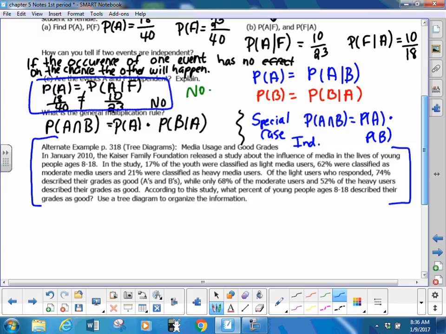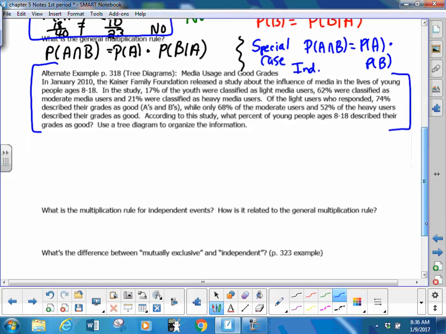So a tree diagram is really useful to help you organize your thoughts.